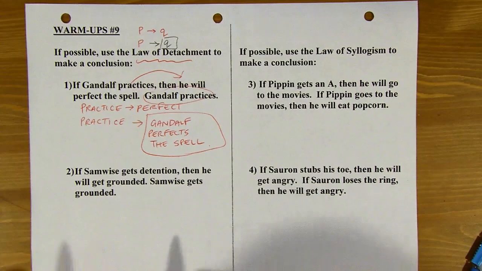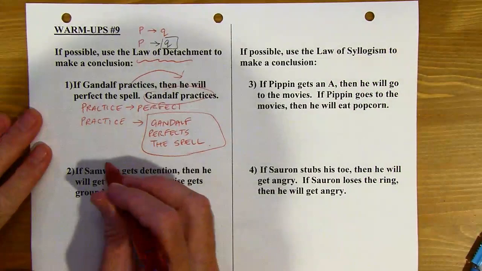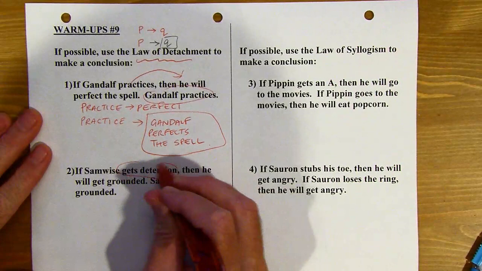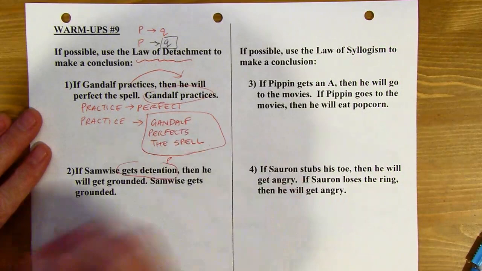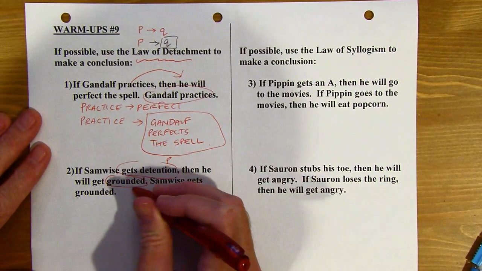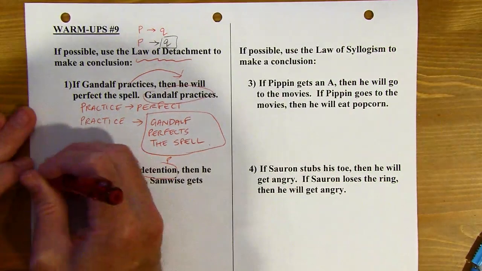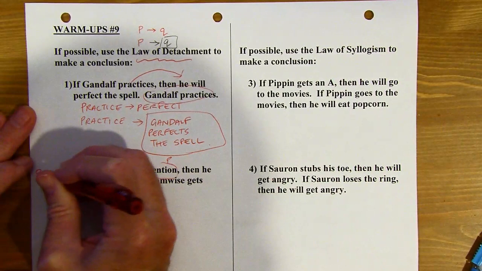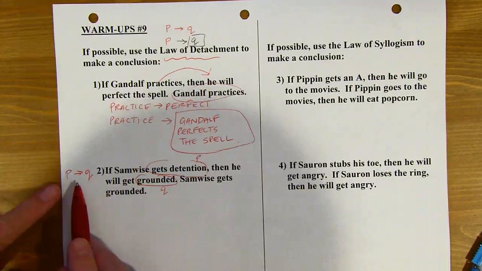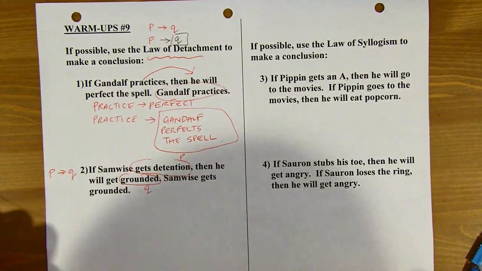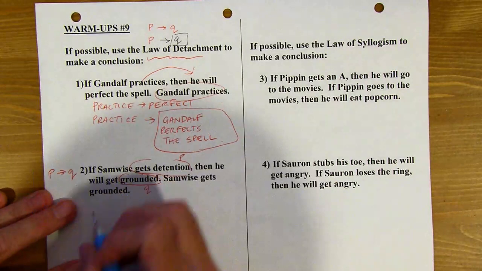Okay, but here's the problem with this. Getting detention is the hypothesis, okay? And then getting grounded is the conclusion. So we've got our conditional statement. Getting detention leads to getting grounded. But then in the second sentence, it says Samwise gets grounded.